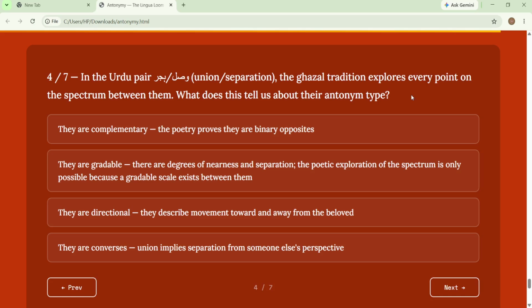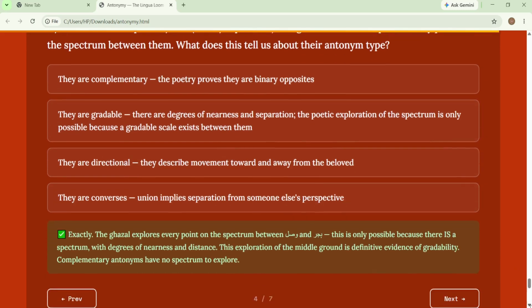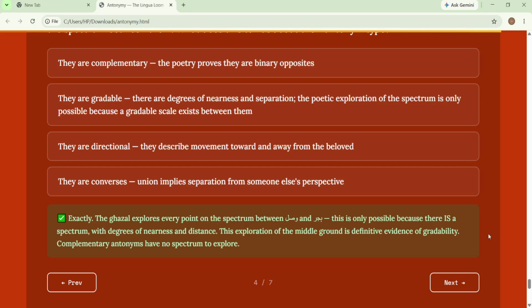They're complementary, they're gradable, they're directional, they're converses. So they're gradable. Well, the answer wasn't in the options. The ghazal explores every point of the spectrum. This is only possible because there is a spectrum with degrees of nearness and distance.